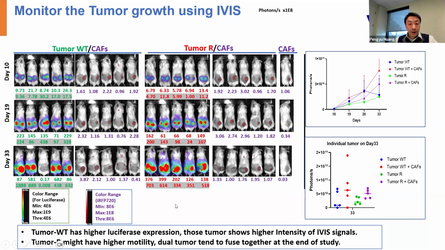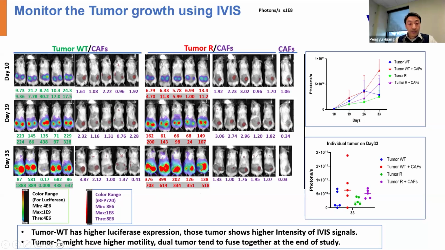One thing I want to emphasize here: this is a radiance number, and even though the tumor R shows a lower reading, that's because we further overexpress some gene in this cell, so the luciferase expression is low and the signal is low, but actually the tumor is much bigger.